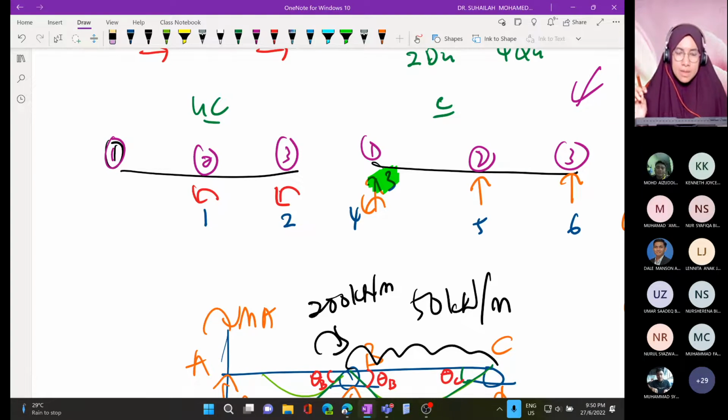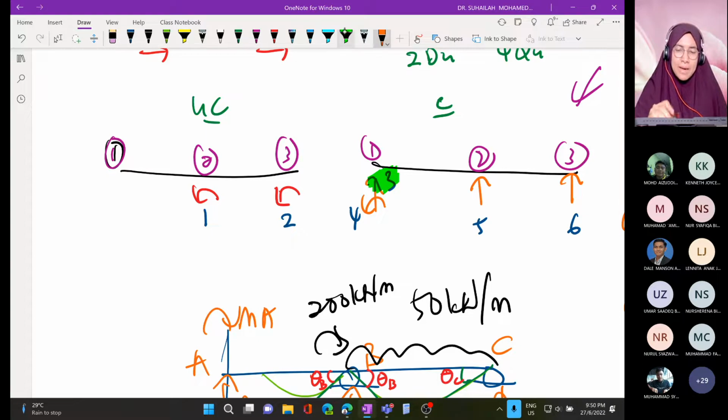Moment. No, displacement. Displacement, moment is for forces. Now we talk about displacement. So what is the physical meaning of D1? Apa maksud D1 tu?